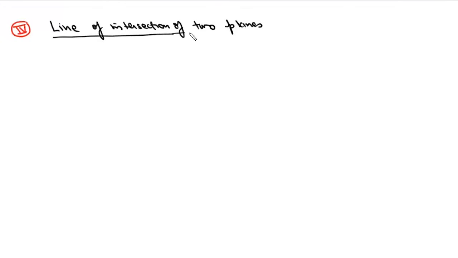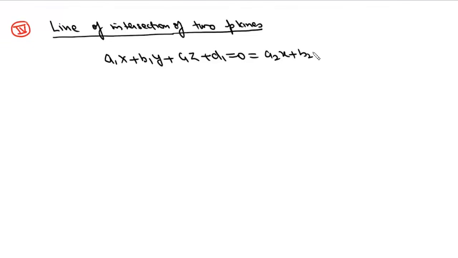Now this fourth one is the line of intersection of two planes. In this case, what will be given is the equations of two planes. Say a1x plus b1y plus c1z plus d1 equals 0 equals a2x plus b2y plus c2z plus d2.